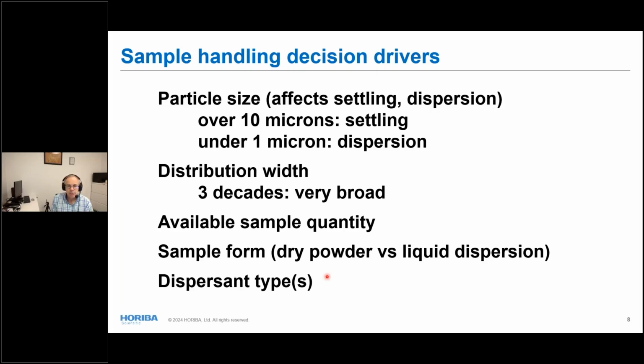As particles get under 1 micron, dispersion effects become important because the surface area of a small particle gets so large compared to the volume that surface energy effects become important, and loose agglomeration is something you really need to think about.